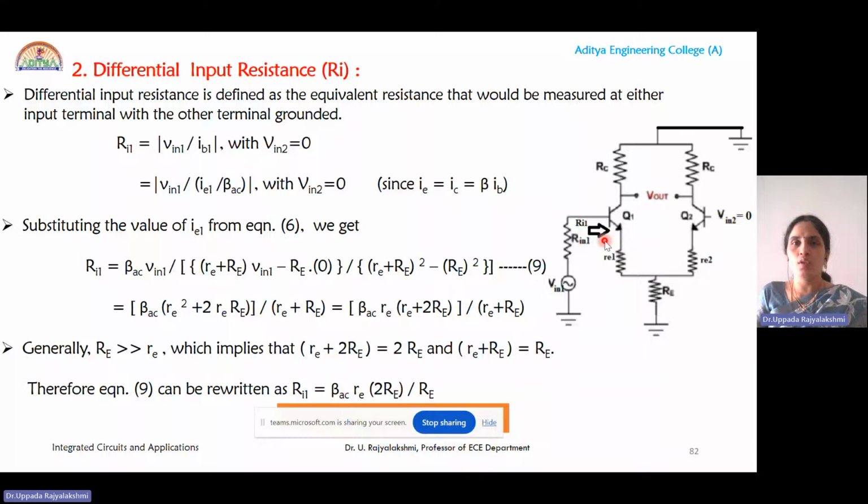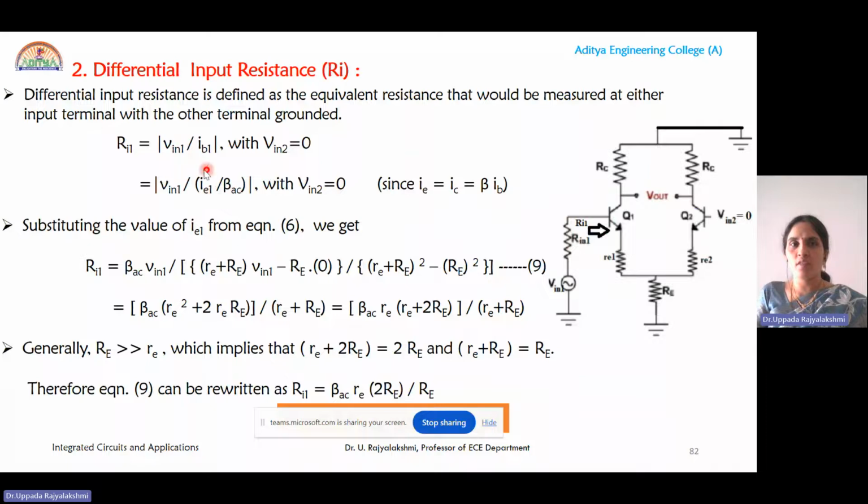So Ri1 is equal to V1 divided by the current flowing, which is IB1. So V1 by IB1 with V2 equal to 0 volts. But again, replace IB1 as IE1 by beta AC, so you will get V1 by IE1 by beta AC, because IC or IE is equal to beta IB.